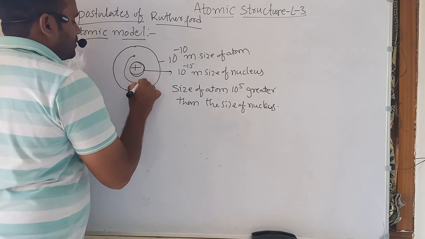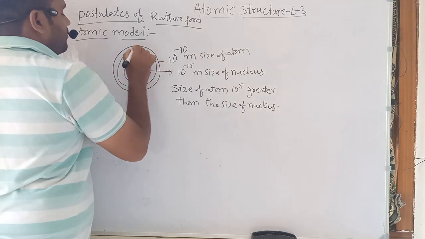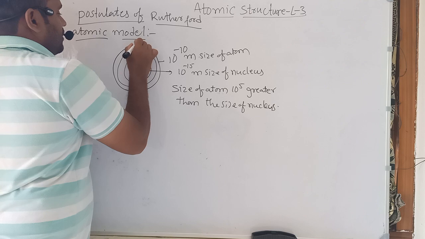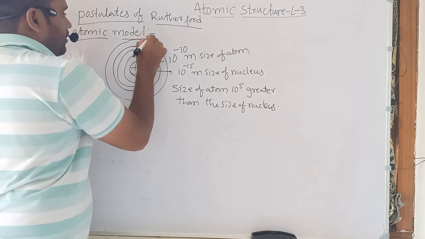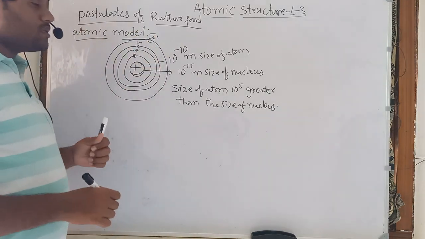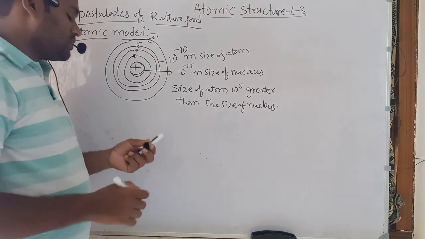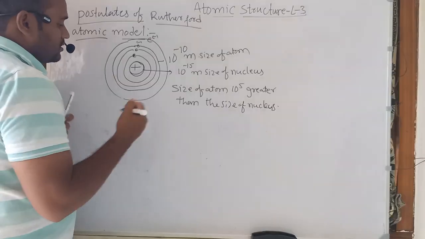Electrons revolve around the nucleus in circular orbits, just as the planets revolve around the sun. These circular paths are called orbits.